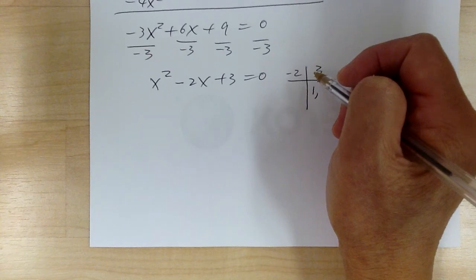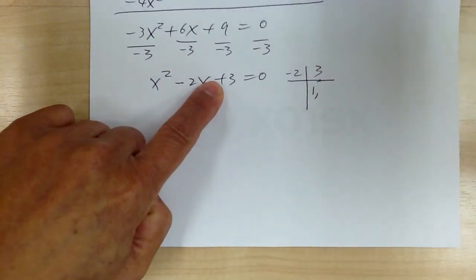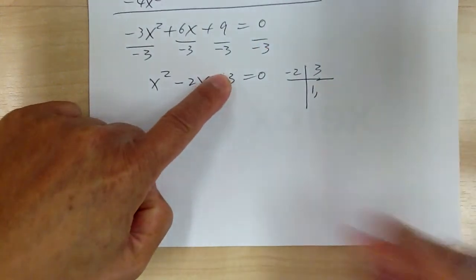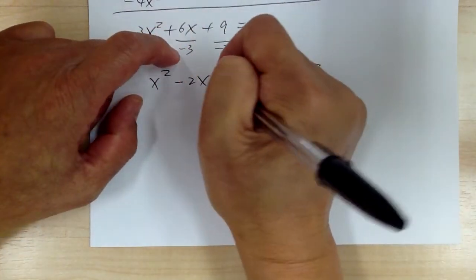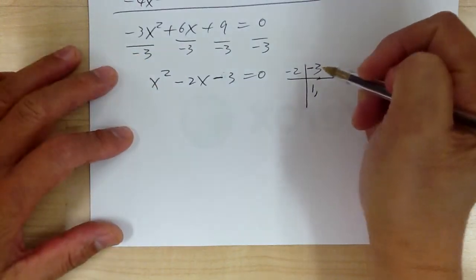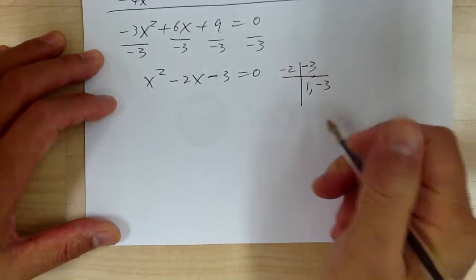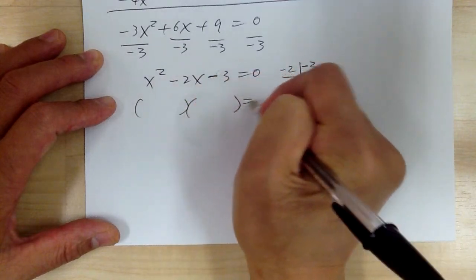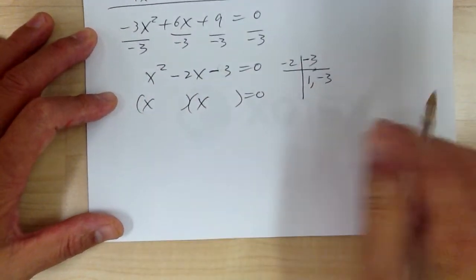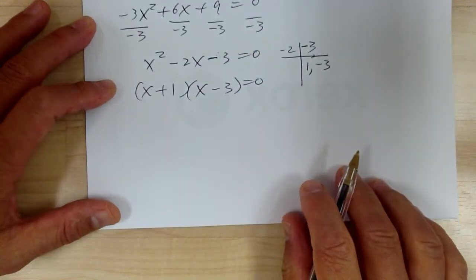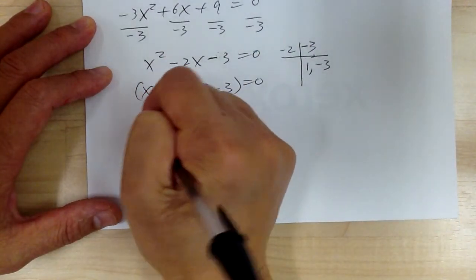Let me see. This is minus. Sorry about that. You have to watch the sign, right? Positive divided by negative is minus. So you need to get minus over here. Okay, so we're good. So 1 comma negative 3, that's what you need. Use your master product, you're going to get plus 1 minus 3. Now you go and set it equal to 0.